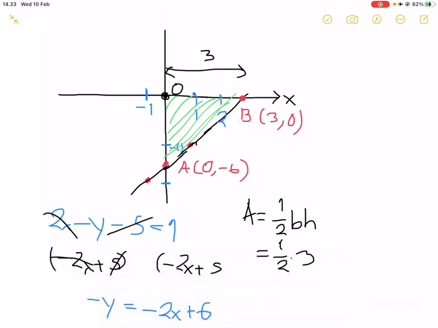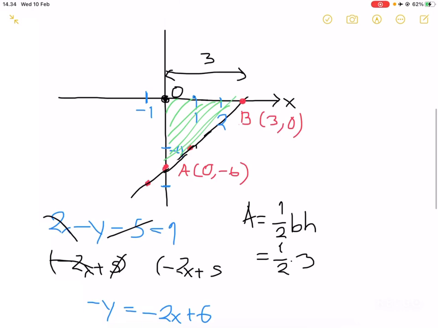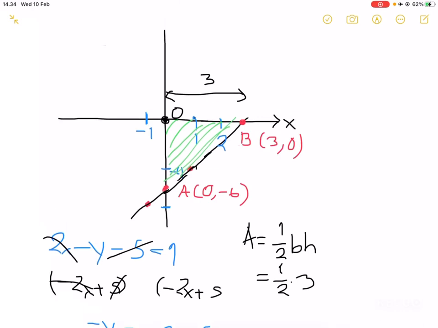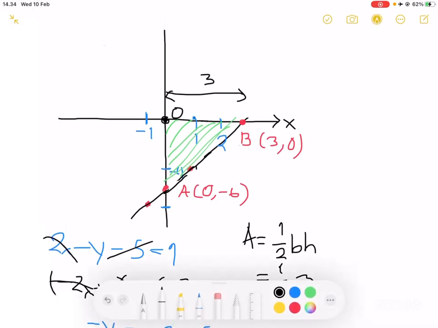And for the distance between O and A, which we are going to call the height, the coordinates of point O are 0, 0 and the coordinates of point A are 0, -6. So that means the distance between point O and point A will be 6, and in this case distance must be positive.